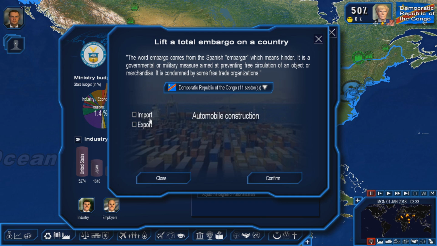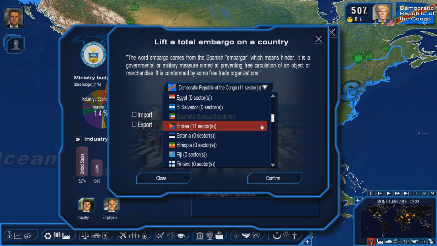We can ban the ability of us to sell this product to the Democratic Republic of the Congo, which apparently we are already embargoing in 11 sectors. So we can do this. However, I haven't tried it on a country that already has sectors being banned from them.